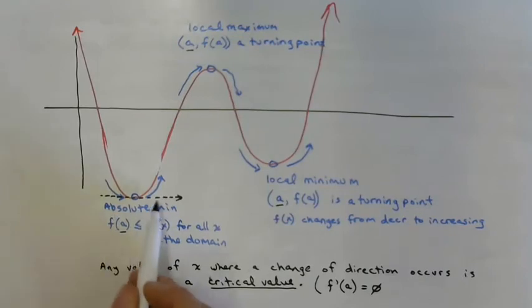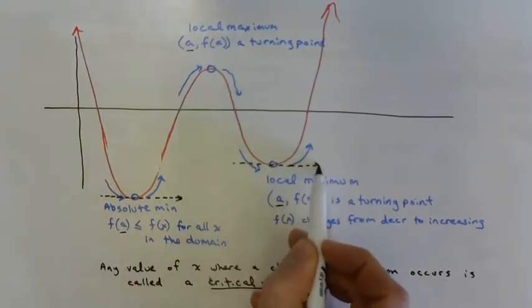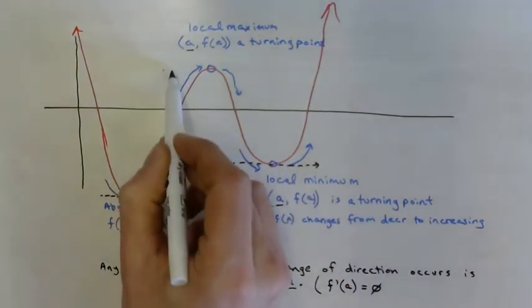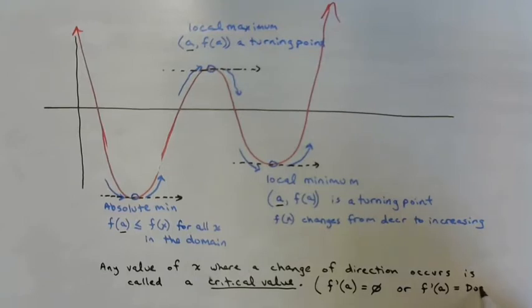You don't need to draw that dotted line if you don't need it, but it might be helpful for you to kind of see that the slope of the tangent at that point is 0, which means the value of the derivative function at that point is 0, or the other option is that the value of the function at that point does not exist. When would that happen? Well, if there was a gap or an asymptote or something like that.